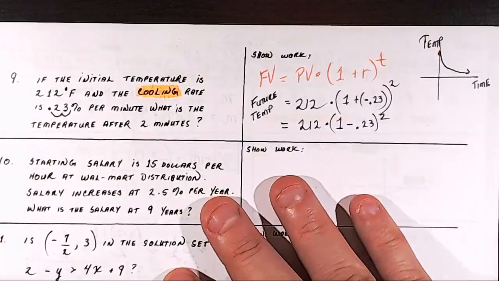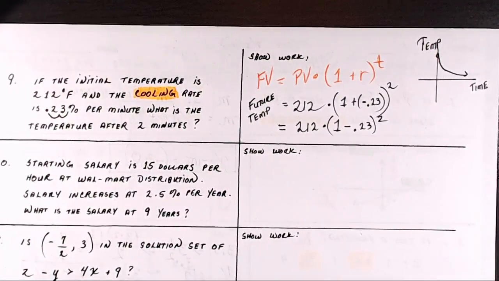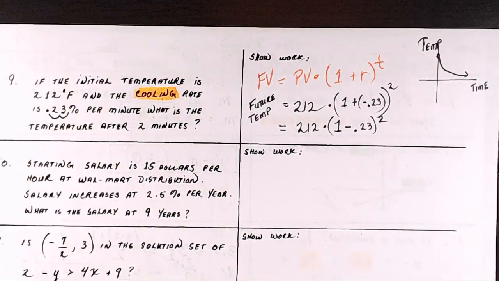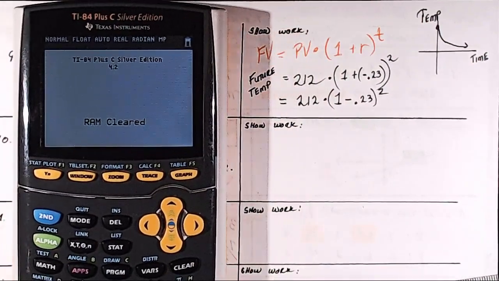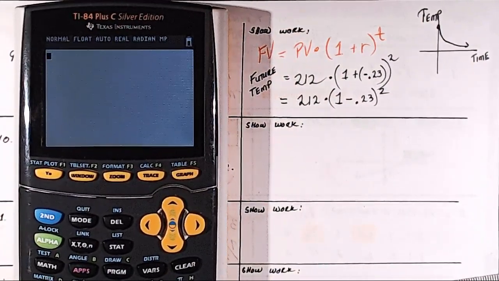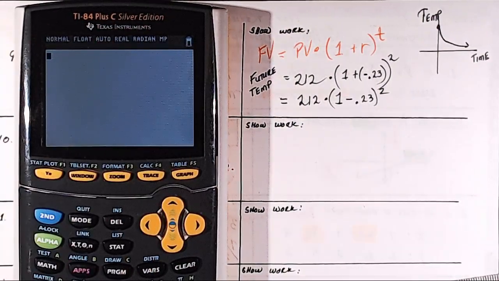Squared. Okay, this can go in the calculator. Let me switch it up a little bit. I'll use the physical calculator now, just so you get a sense of it. Here we'll leave it on the home screen and put in 212 times, open parentheses, 1 minus 0.23, close parentheses, little caret, squared.